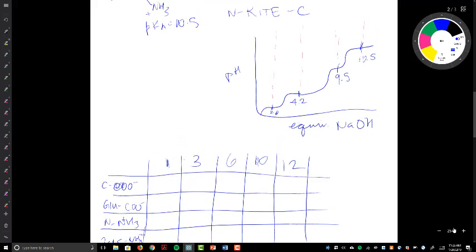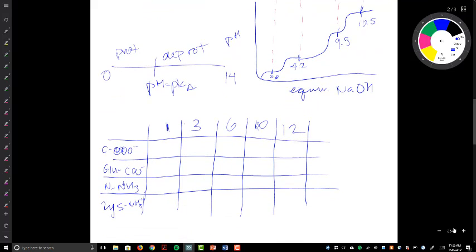Okay, so if we're at a pH of 1, remember we set up our convention: pH equals pKa, we go from 0 to 14. We're protonated below the pKa, and we're deprotonated above the pKa. So if we look at a pH of 1, we're going to be below the pKa for all of our groups, so all of our groups are going to be in the protonated form.